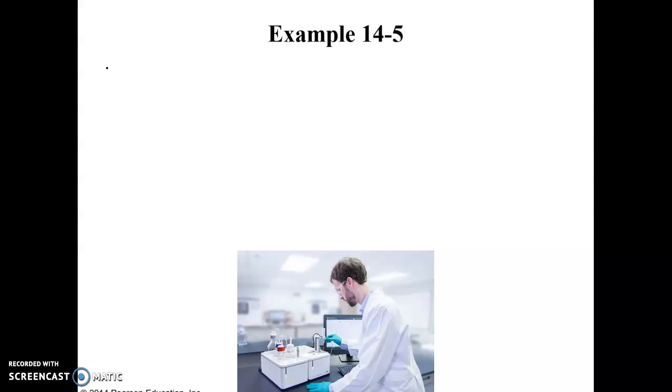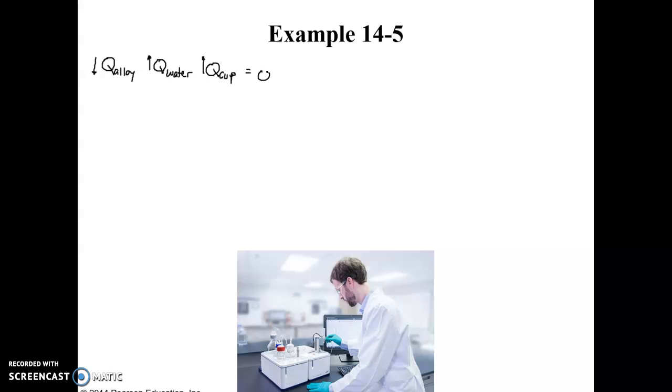So we have the heat of the alloy, which is going to go into, so that's going to go down. We have the heat that's going to go into the water. That's the heat there is going to go up. And the heat of the cup, that's also going to go up.